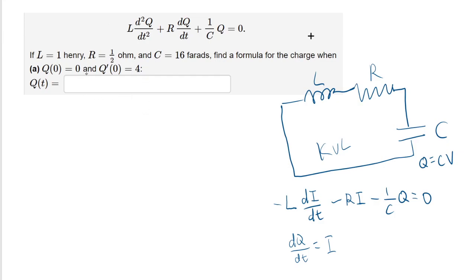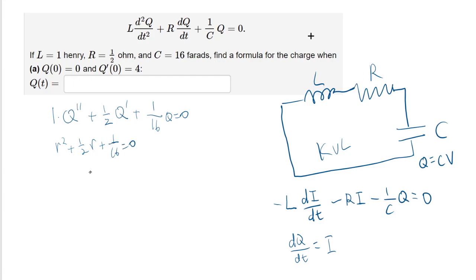Now here we have a special case when the inductance is 1 henry, so it's 1 times Q double prime. The resistance is 1/2 ohm, so 1/2 Q prime. And the capacitance is 16 farads, so you have 1 over 16 Q equal to 0, whose characteristic equation would be r squared plus 1/2 r plus 1 over 16 equals 0.